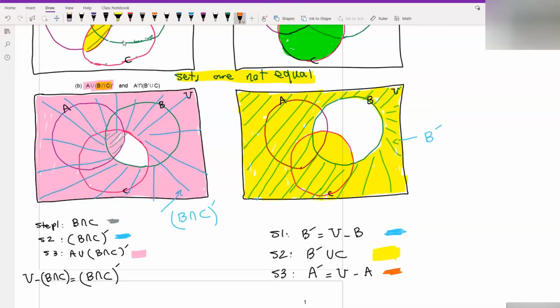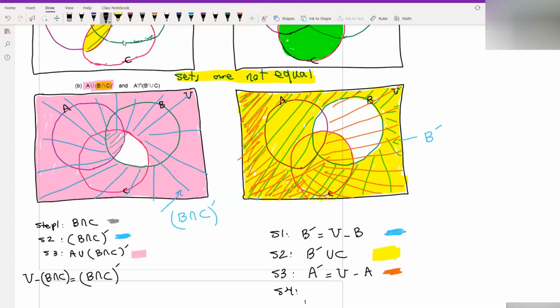It is universal set minus A. So universal set minus A. And finally, step four, find intersection between this step three and step two.